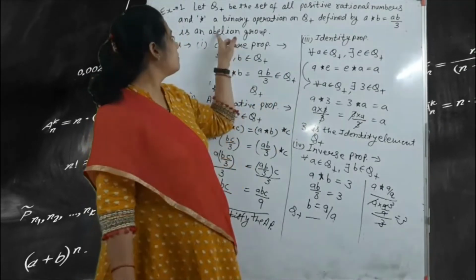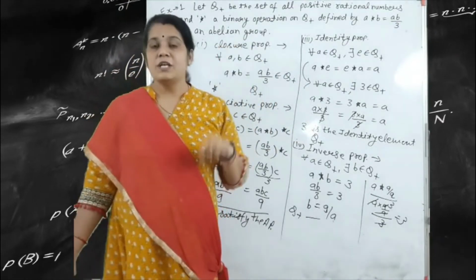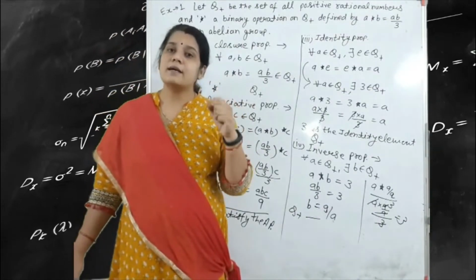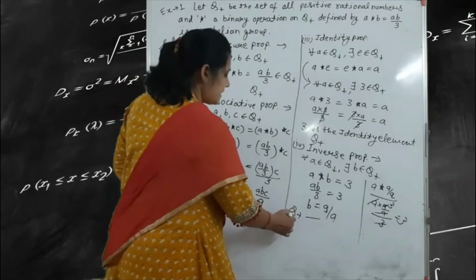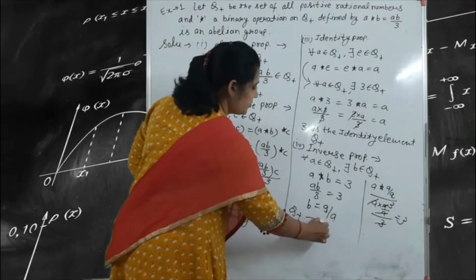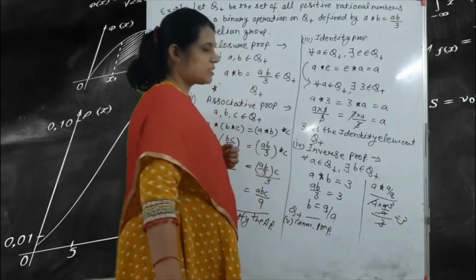But here we find out the abelian group, so one more property we must satisfy, the commutative property. So the fifth one is the commutative property. What is the property?